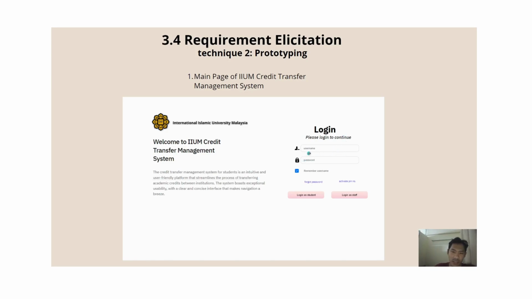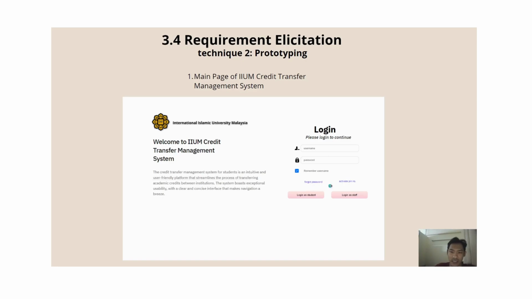They also have to identify whether the user is a student or staff. There is another feature, remember the username, where the user no longer needs to key in every time they want to access the credit transfer management system.